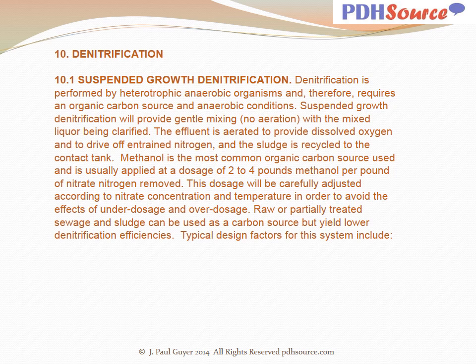The effluent is aerated to provide dissolved oxygen and to drive off entrained nitrogen, and the sludge is recycled to the contact tank. Methanol is the most common organic carbon source used and is usually applied at a dosage of 2 to 4 pounds methanol per pound of nitrate nitrogen removed.